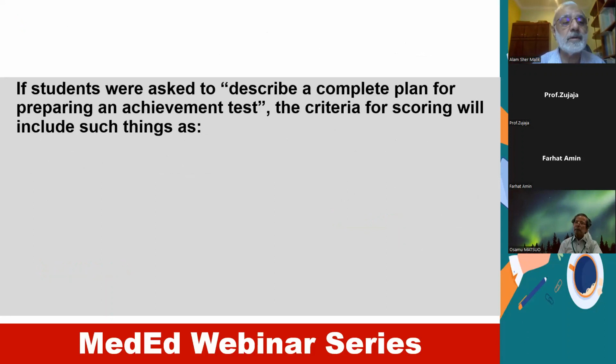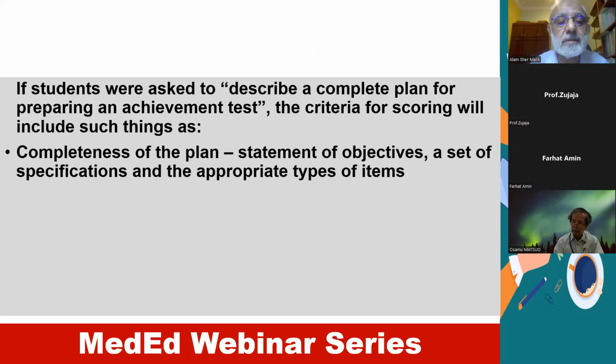Here is an example. If students were asked to describe a complete plan for preparing an achievement test, the criteria for scoring will include such things as, number 1, the completeness of the plan.